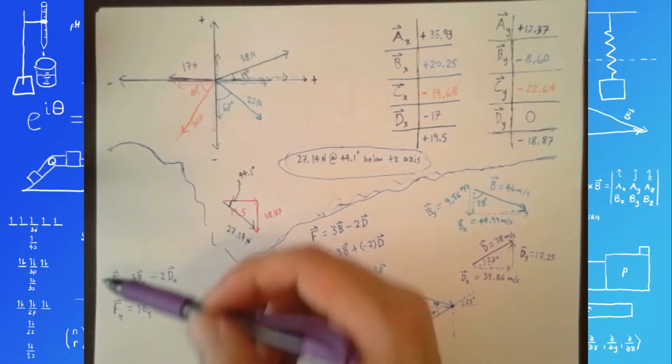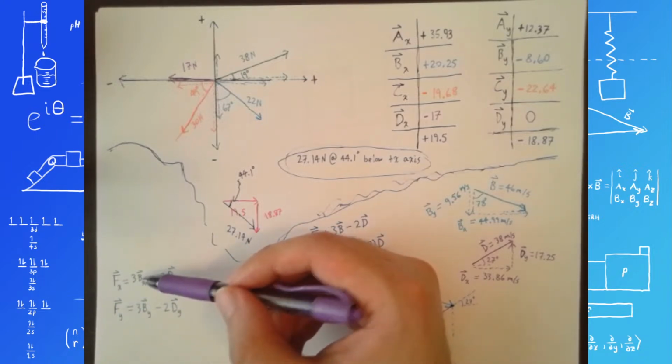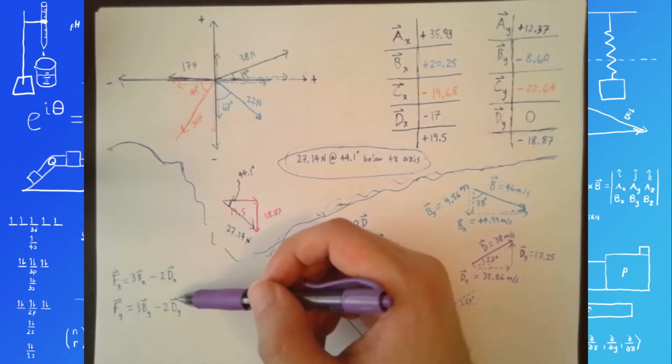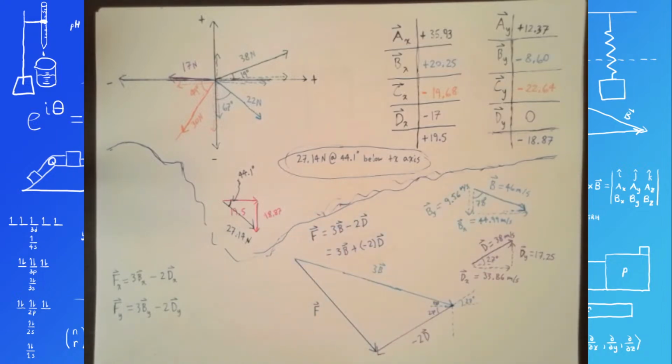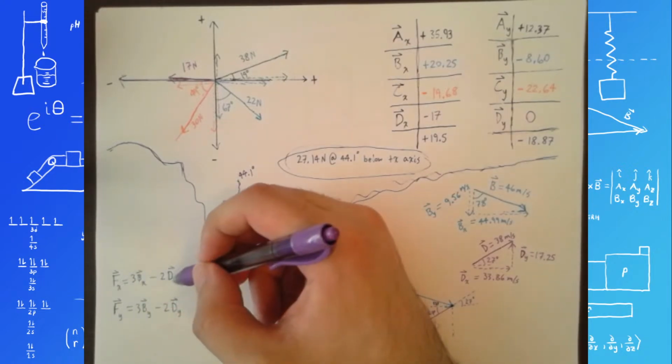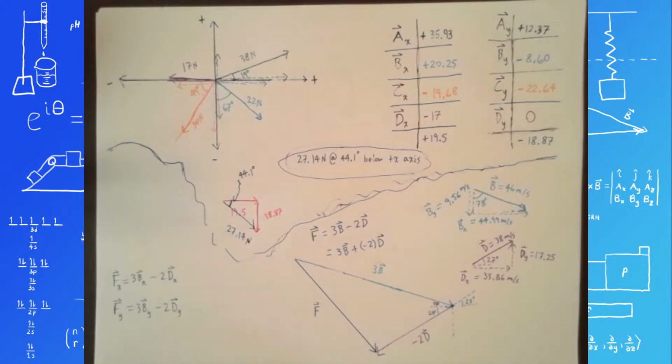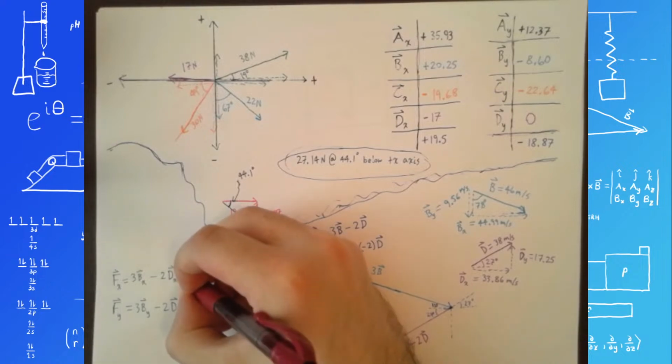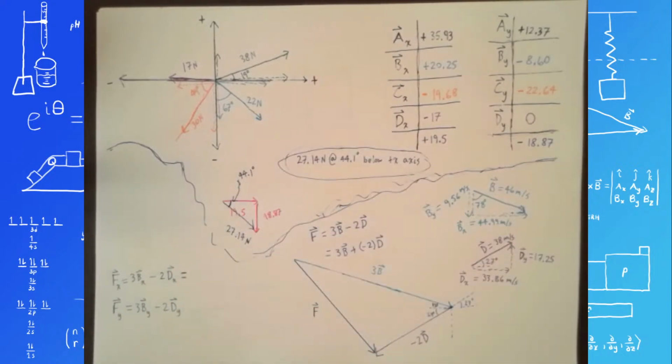Okay, so we got the components, and now we can use those to get the components of f, which we can then recombine using the Pythagorean theorem to finally get the overall magnitude and direction of f. So 3bx minus 2dx for the x component of f. So 3 of 44.99 to the right minus 2 of 33.86 to the right.